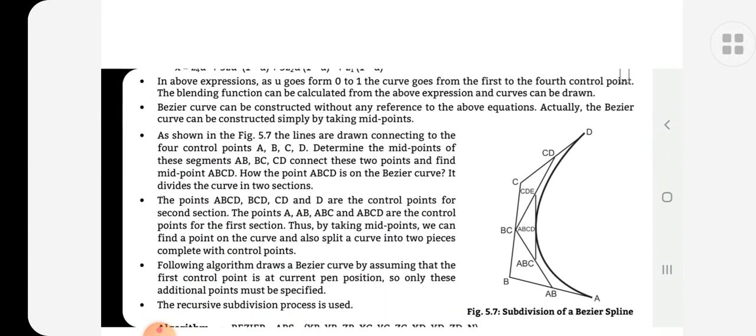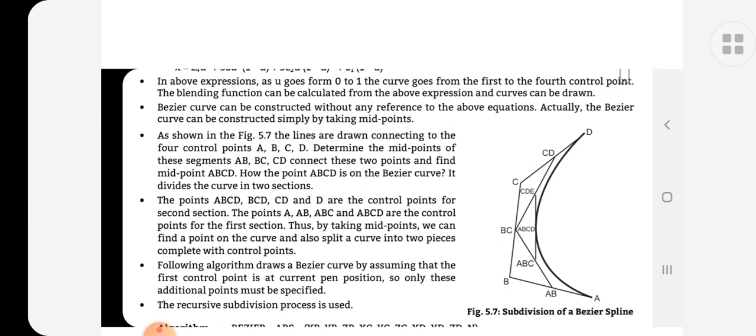Here, the figure shows the subdivision of a Bezier spline. The four control points A, B, C, D are here, and we determine the midpoints of the segments AB, BC, and CD. Connect these points and find the midpoints, up to ABCD. Then the point ABCD is on the Bezier curve, and it divides the curve into two sections.